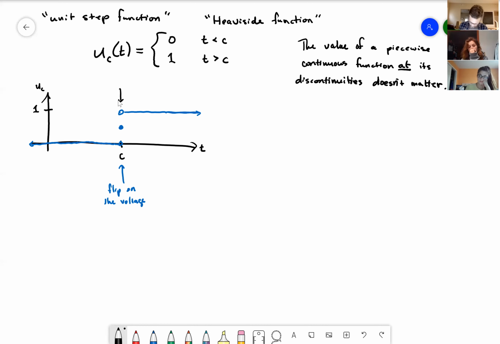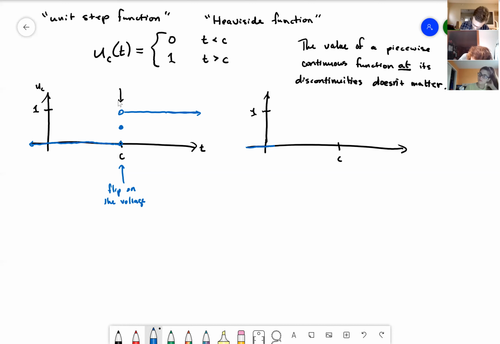Another very simple example of using this kind of step function is to model a system where initially the voltage is on and then we flip a switch to turn it off. So this was a picture of UC. Now we want to model a situation where the voltage is on, and then suddenly it goes to zero.